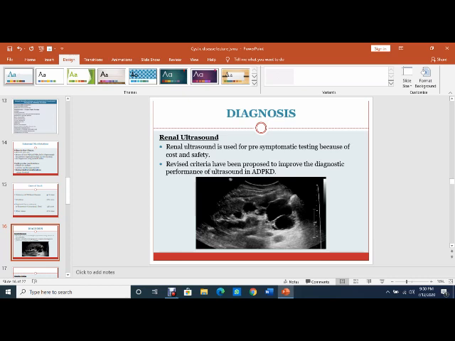So renal ultrasound is a simple non-invasive investigation by which we can diagnose polycystic kidney disease. This picture is of an ultrasound that shows multiple cysts. One is a large cyst, 2, 3, 4, 5, 6. So multiple cysts in the kidney.